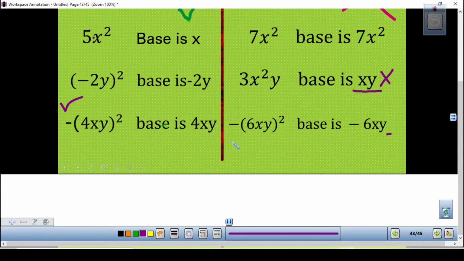Negative 6x squared to the second power: the base is not negative because the negative was outside the parentheses. So this is not correct. If you want to make this correct, then the negative should go away. If you want to include the negative in the base, it has to be inside the parentheses, just like this example. It has to be inside the parentheses to be labeled as the base.